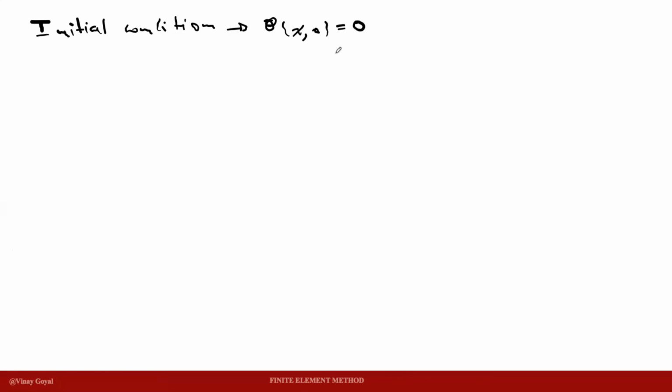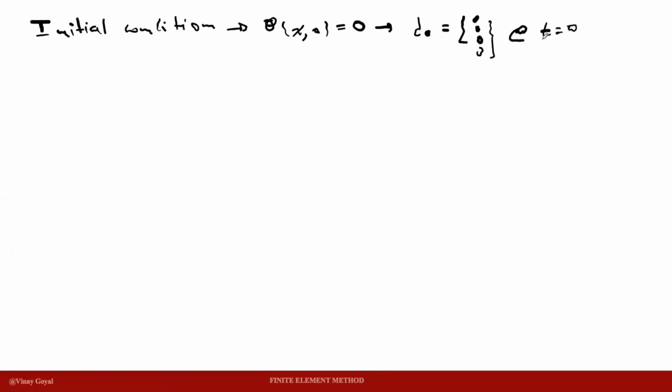Okay? So if this is true, it means that d_{i-1}, so d naught, is equal to a vector full of zeros, right? Because this is at t equals 0.